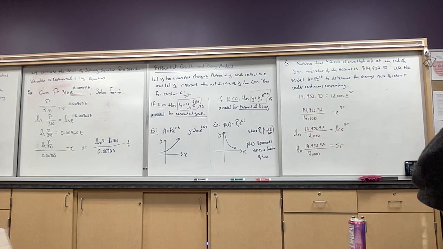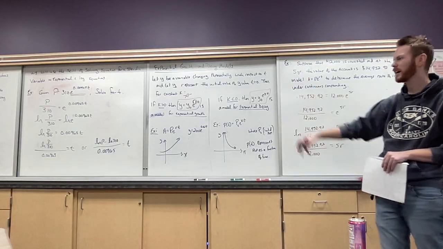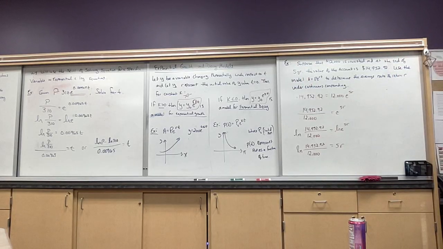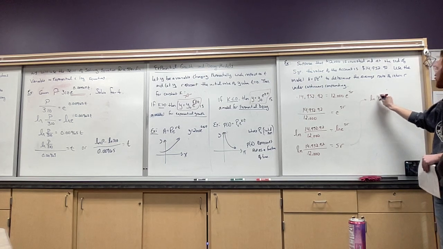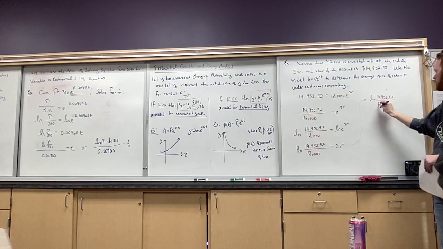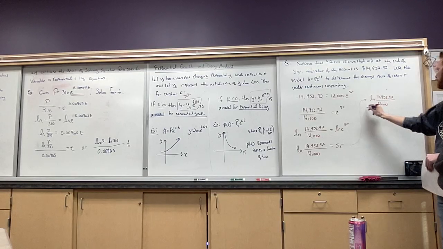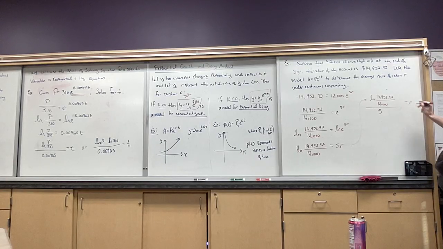As you can see, with a lot of these, at least the account balance ones, no matter what we're looking at, they have the same procedure for solving. So up here, we'll have natural log of my argument, and divide the whole thing by 5. That's going to be my interest rate.